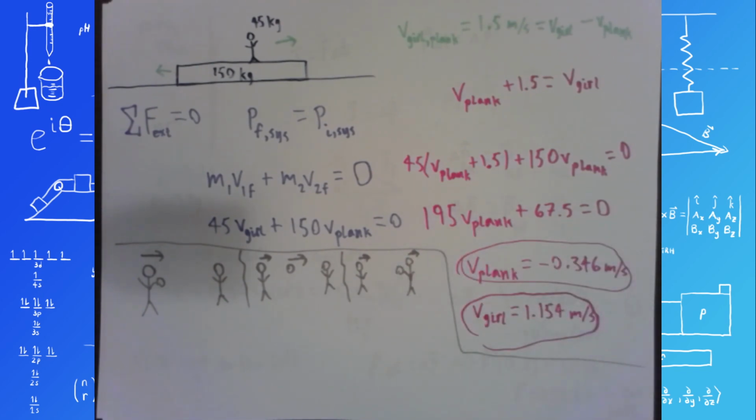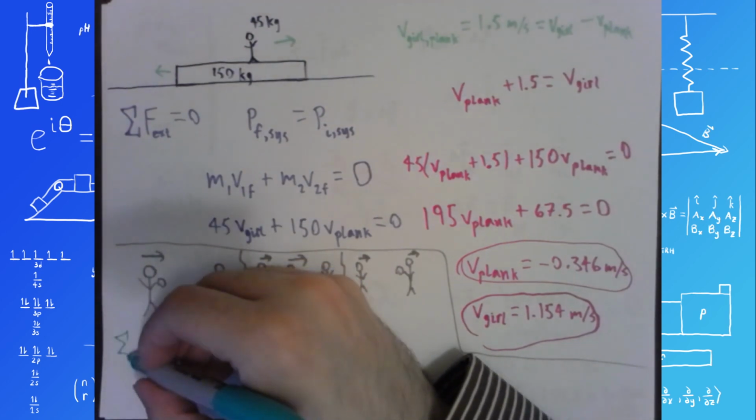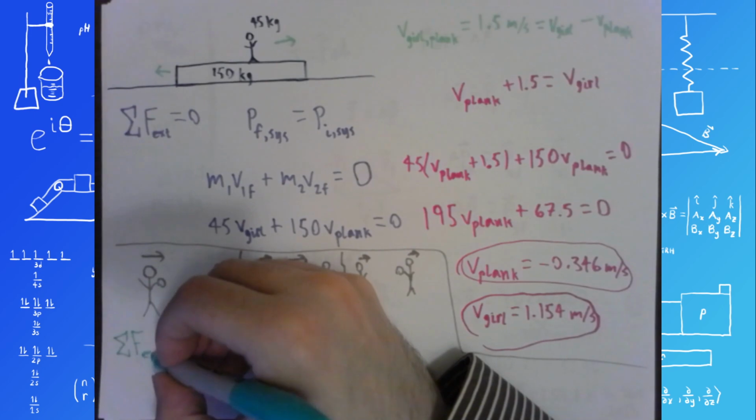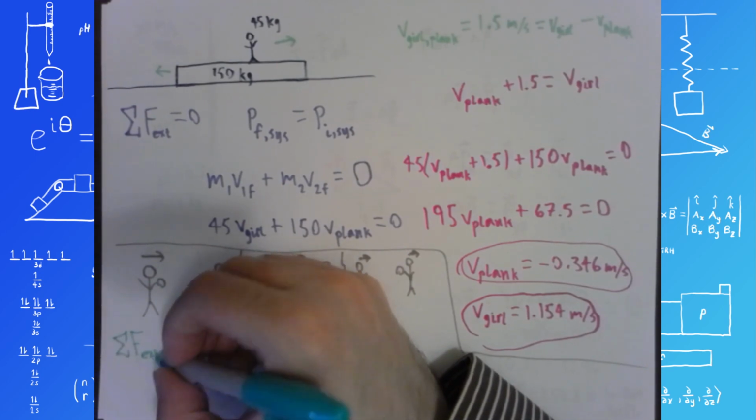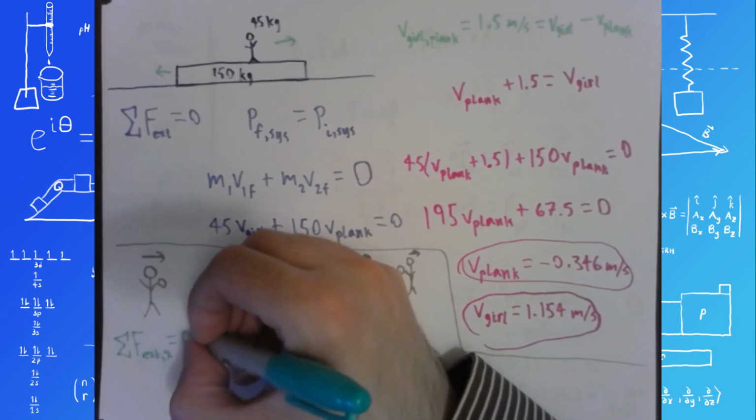So yeah, horizontally, momentum is conserved. Net force external in the x direction at the very least is 0.